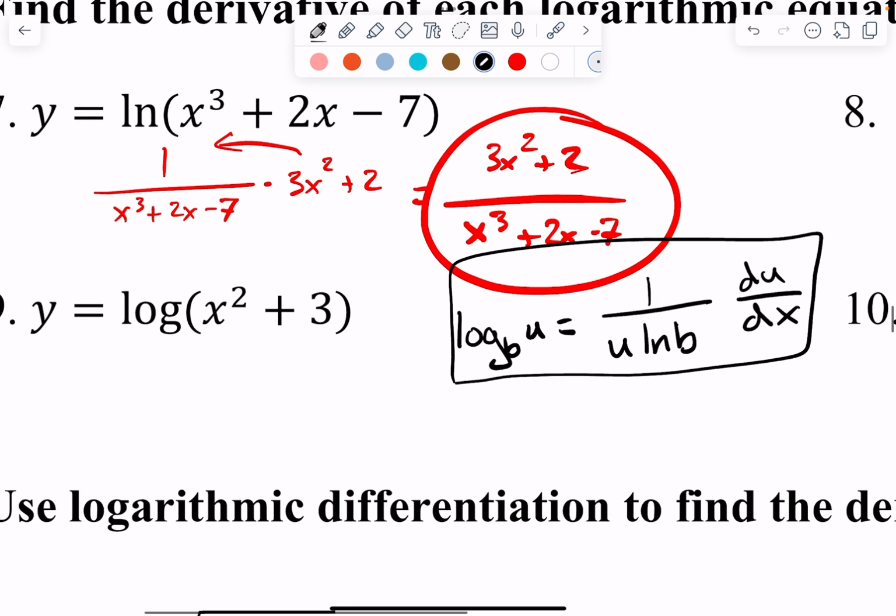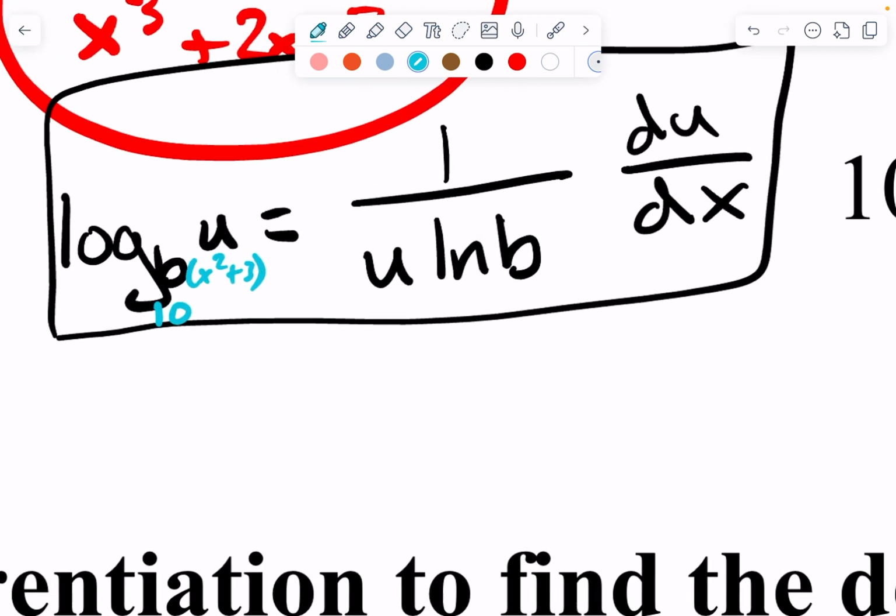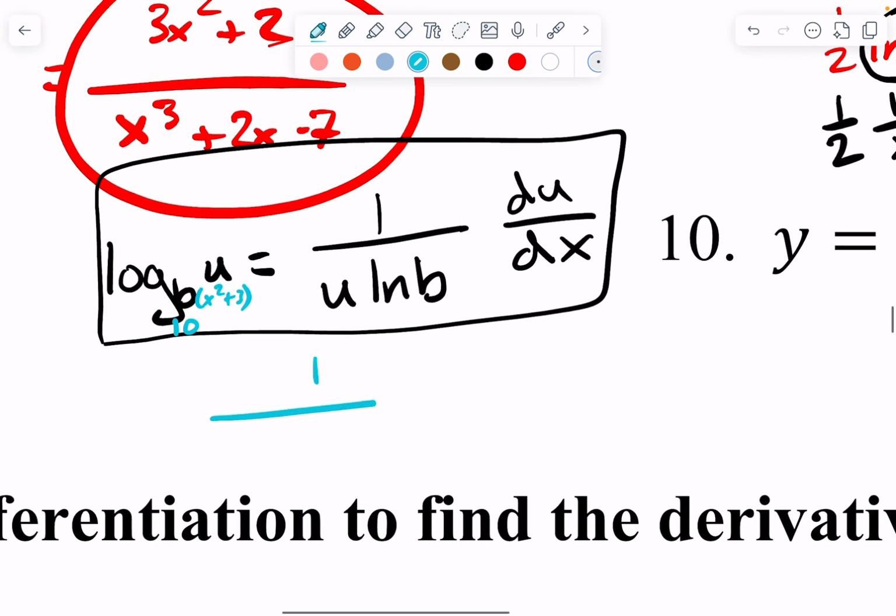Okay. All right, so this is another log, and the base of the log is 10 because there's no number. B is 10, u is x squared plus 3, so I'm just going to follow the rule. 1 over u, and u is x squared plus 3, times ln of b, which is ln of 10, times du dx, which is the derivative of this guy, which is 2x.